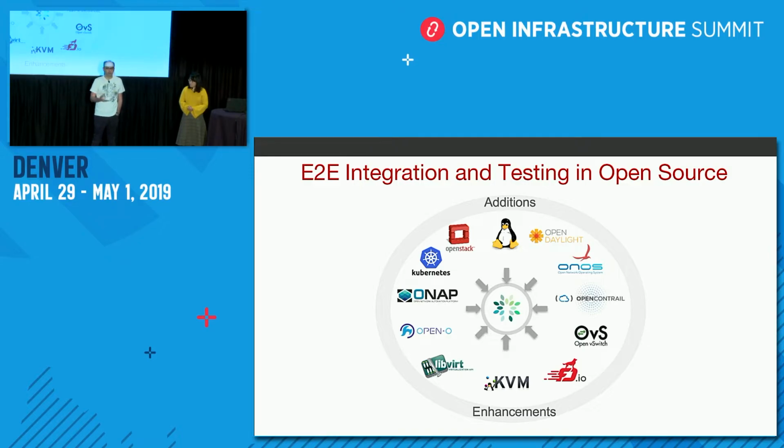Our infrastructure consists of federated labs donated by our member companies, and we run all our integration and testing on bare metal machines to ensure that what we do in our project is giving more feedback or additional feedback to upstream communities, saying, okay, everything worked fine in your CI/CD pipelines, but when we take these versions, such as OpenStack and SDN controller, Open Daylight, it doesn't really work because you didn't have testing for that combination within your community.